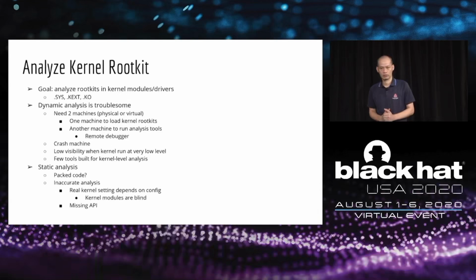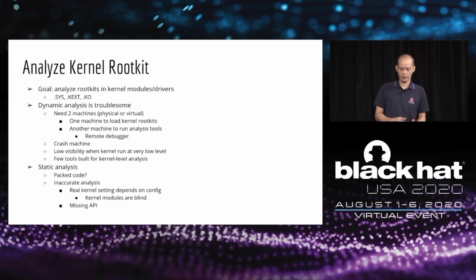The second approach is static analysis, in which you put your kernel rootkit files into some analysis tools like IDA Pro or Binary Ninja or whatever. However, analyzing a kernel rootkit in a static analysis way like this is also very troublesome.